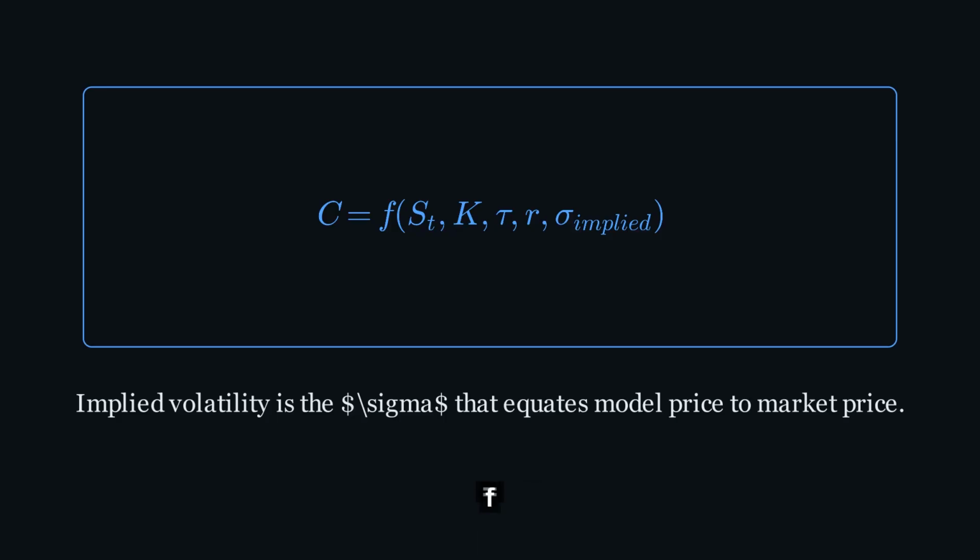So, $C = f(S_T, K, T, r, \sigma)$. Given $C$, $S_T$, $K$, $T$, and $r$, we solve for $\sigma$. This is typically done numerically, as there's no closed-form solution for $\sigma$ in most standard option pricing models.